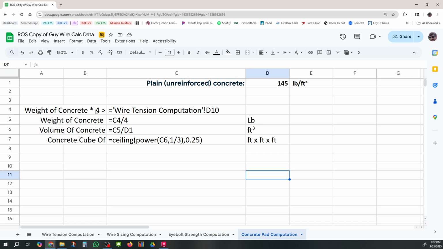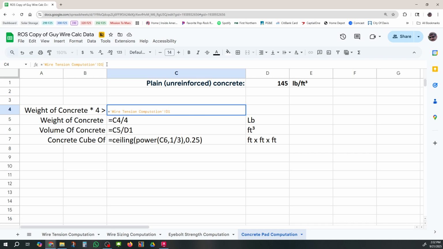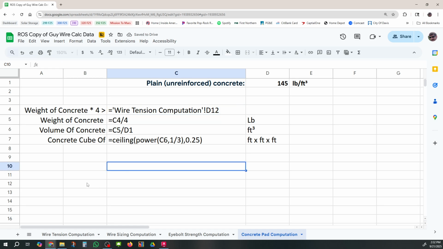Weight of the concrete times 4 is more than that. And I could change that to 12 because I went back to that other one. And so just like when I do anything, if it's on the top over here and I want to get it over here so that weight of concrete is by itself, it goes to the bottom. So it's whatever is in this box divided by 4.